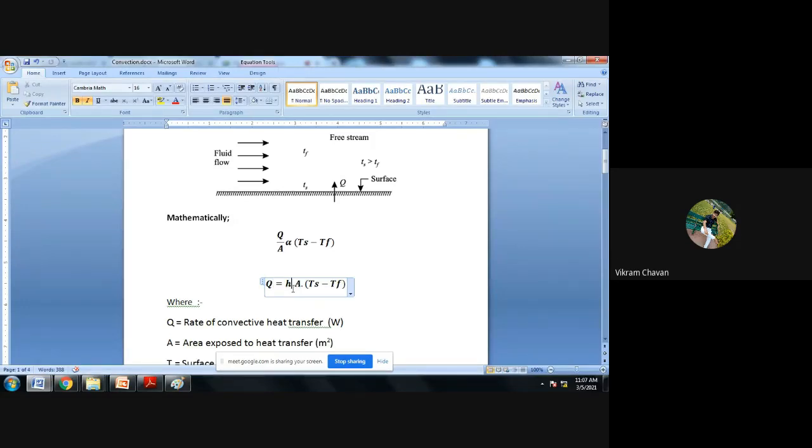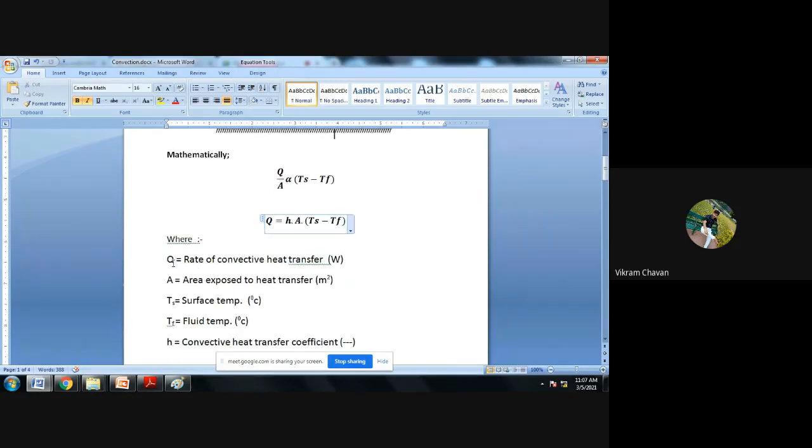Remember this thing. Here Q is the rate of convective heat transfer, or convective heat transfer rate, and its unit is watt. A is the area exposed to heat transfer, and its unit is meter square.